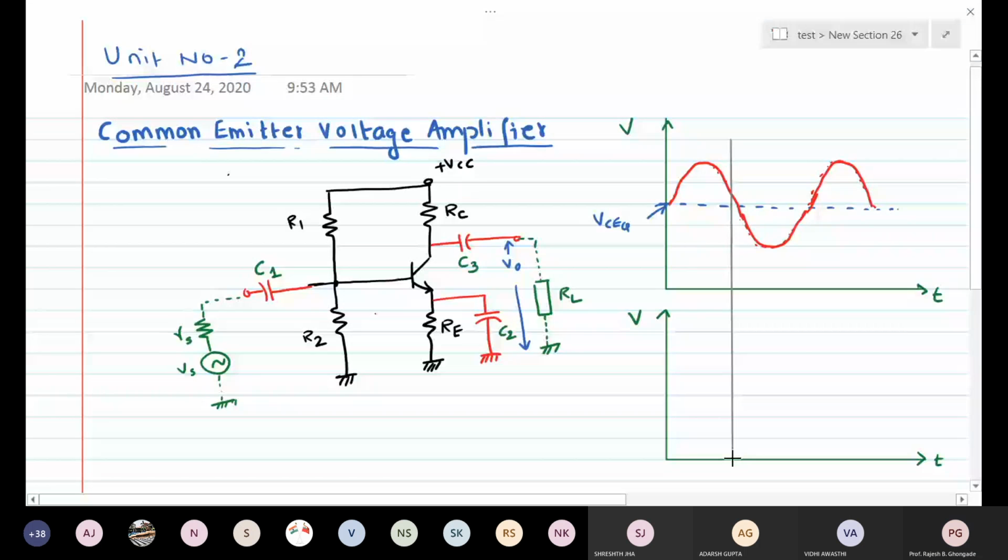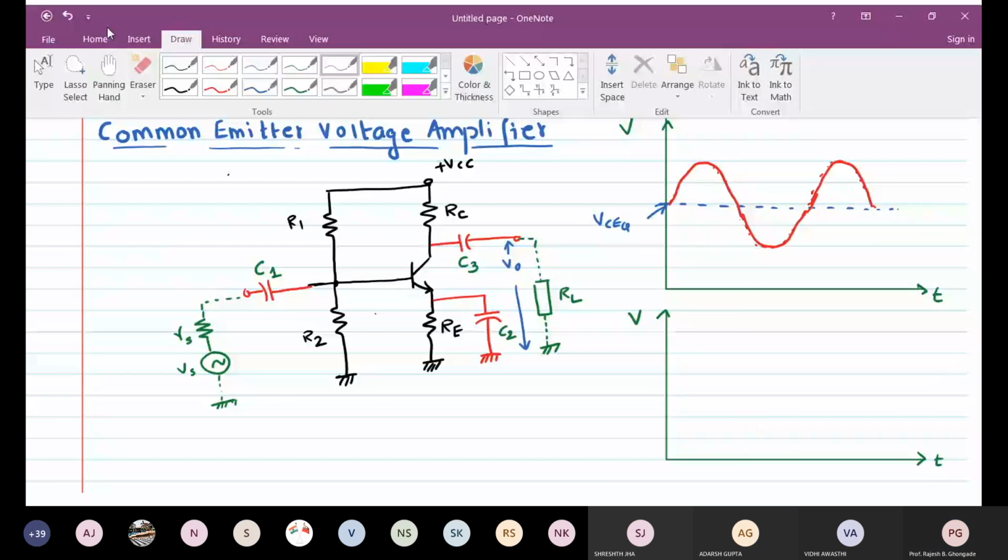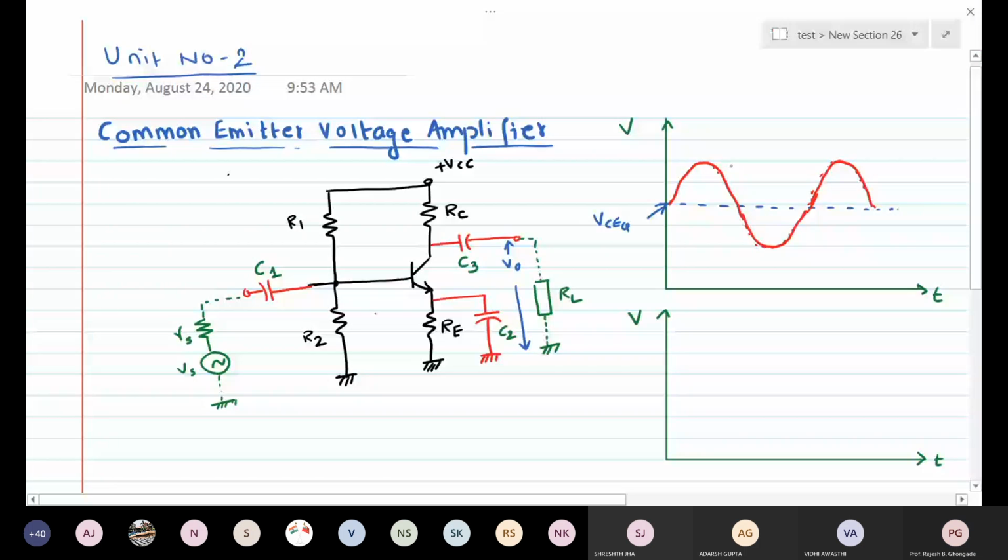Let me see if I can. I'll have to draw it in the conventional fashion. We'll see later on what this is about.